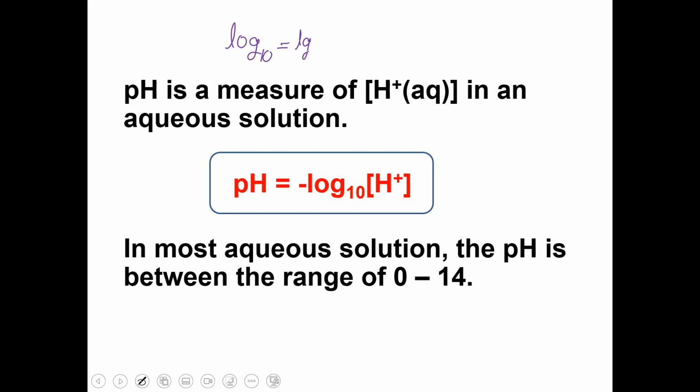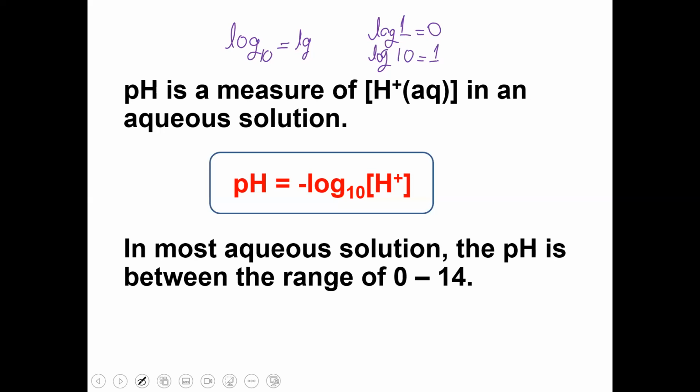Now, if you have a calculator, you can use it for this interesting concept: what is log 1? You can use your calculator to check. It's 0. Good. And what is log 10? 1.